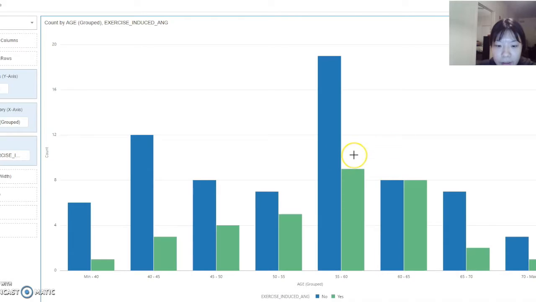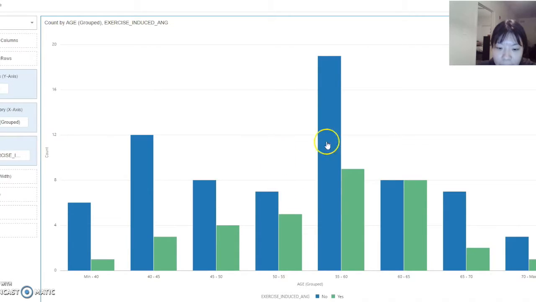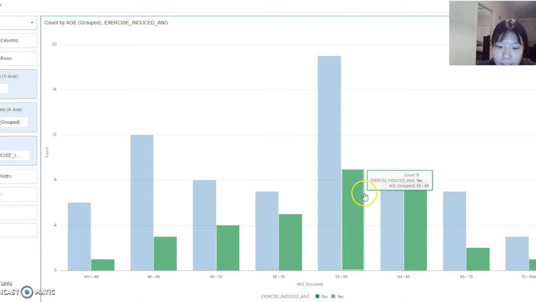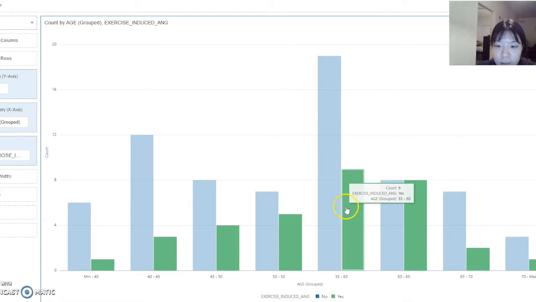From the perspective of the whole chart, people aged 55 to 60 had the largest number of exercise-induced angina symptoms. It can be seen from the chart that in the prediction group, in each age group, fewer people had exercise-induced angina than those without exercise-induced angina.